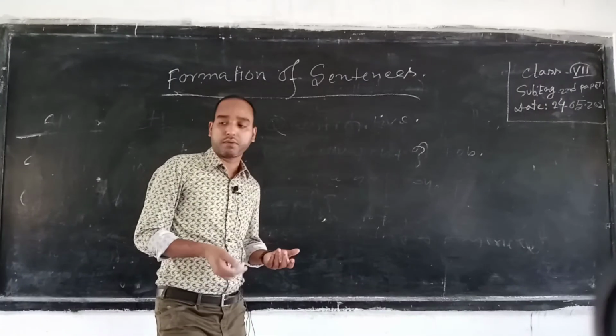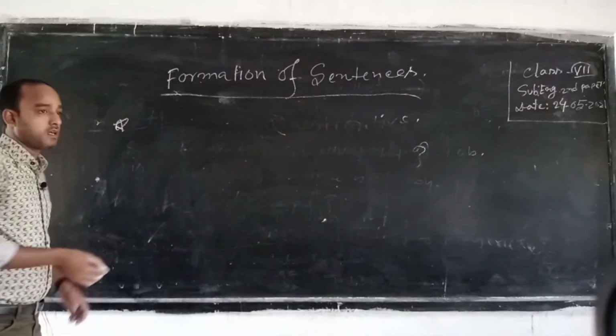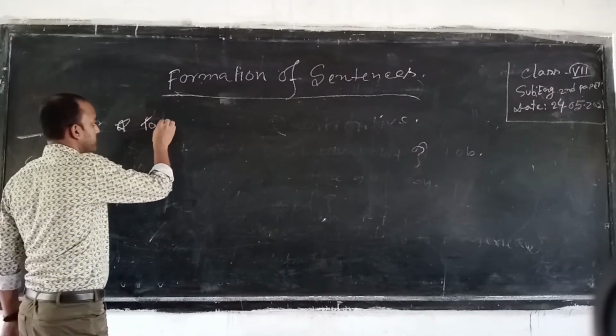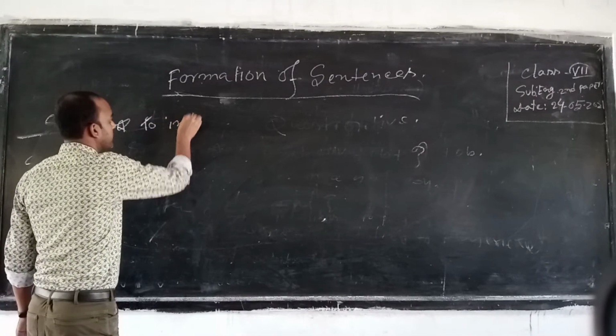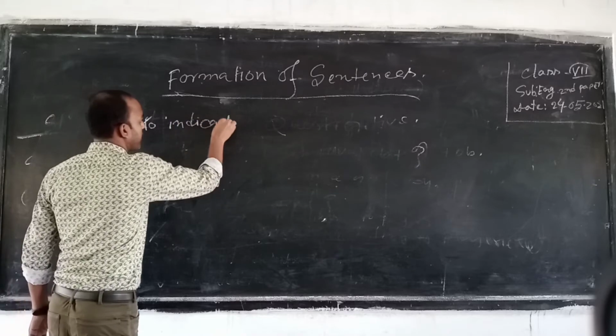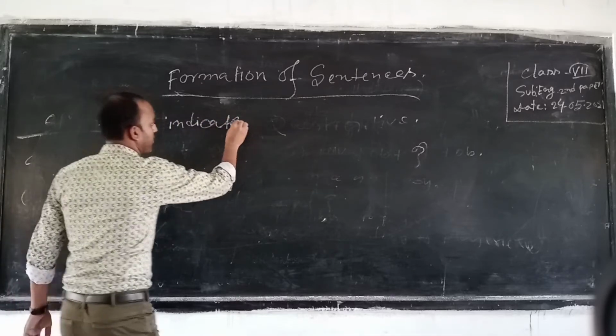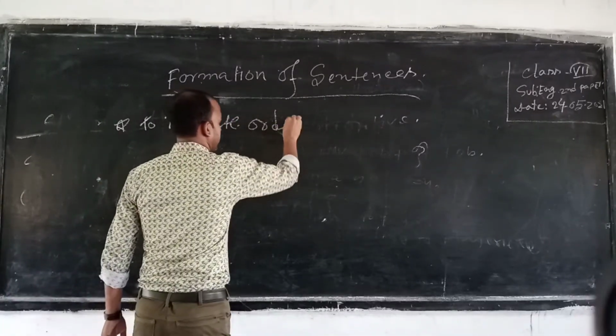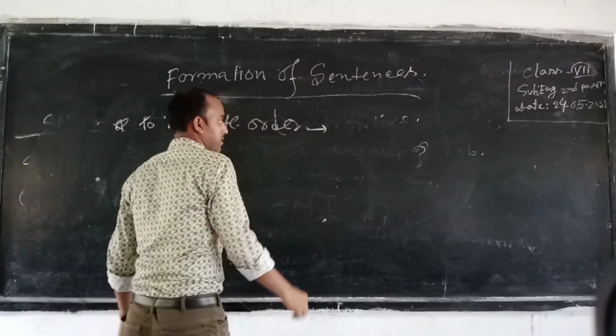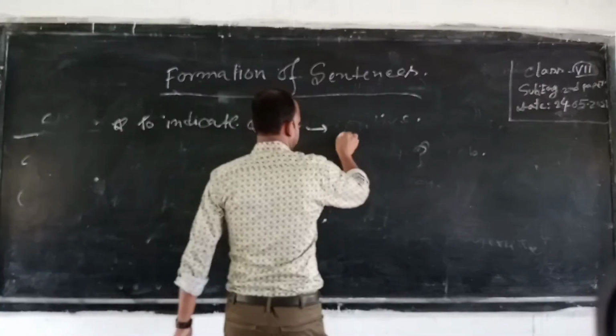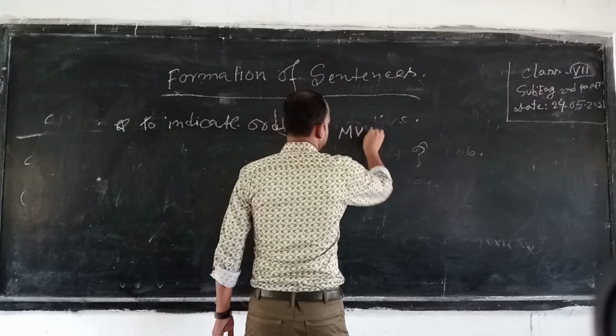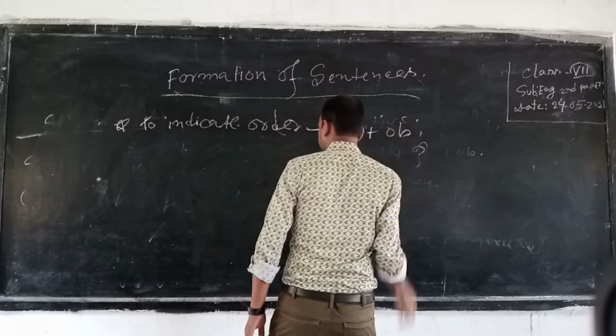So its structure will be different because it is used for different purposes. Notice the board. To indicate order, imperative starts with main verb, then object.